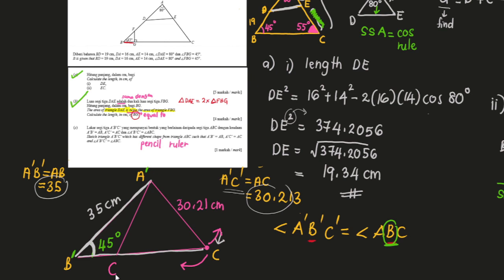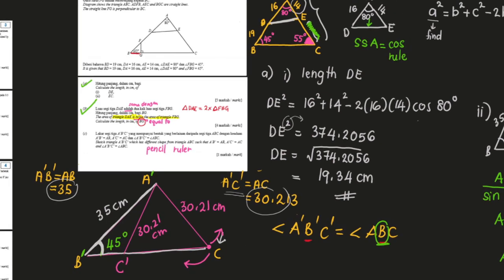So here is A prime C prime, 30.213 cm. So you already sketched the triangle A prime, B prime, C prime. That was an easy one mark. So don't be afraid of sketching the graph or sketching the diagram question.